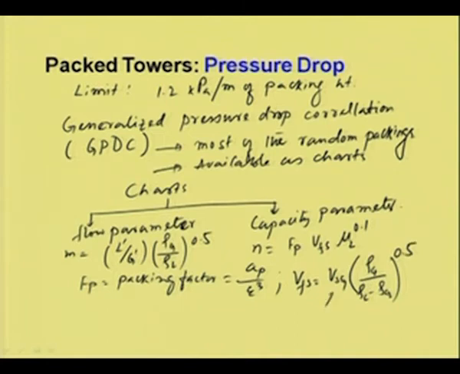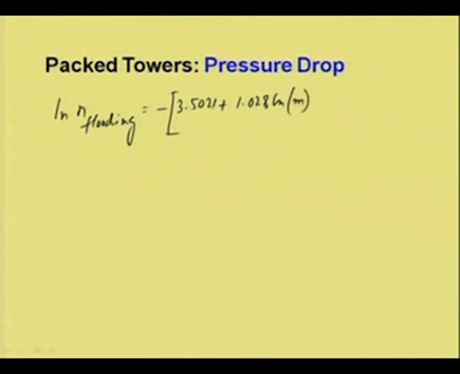So, Vsg is the superficial gas velocity, and the capacity factor can be calculated at flooding conditions from the following correlation: ln N flooding is equal to minus 3.5021 plus 1.028 ln M plus 0.11093 ln M square.